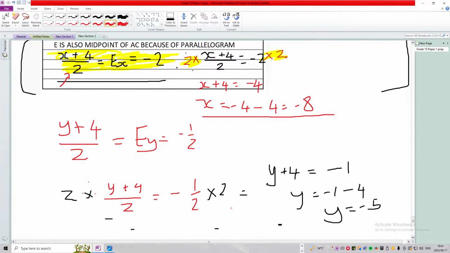Difference between opposite sides, since it's a parallelogram.